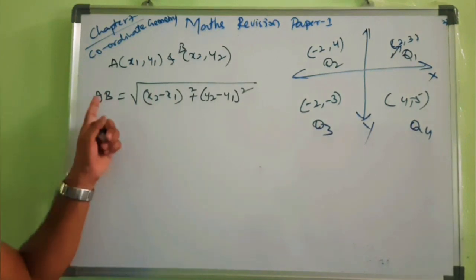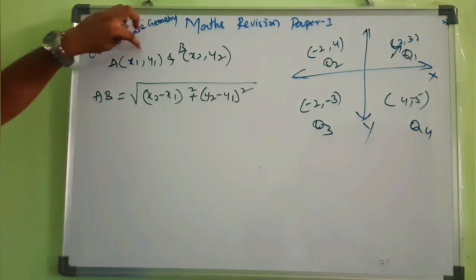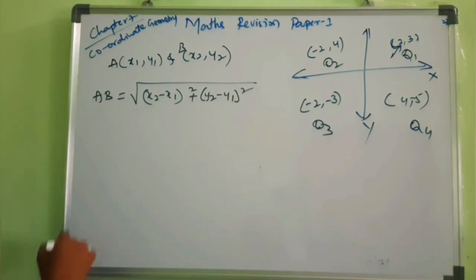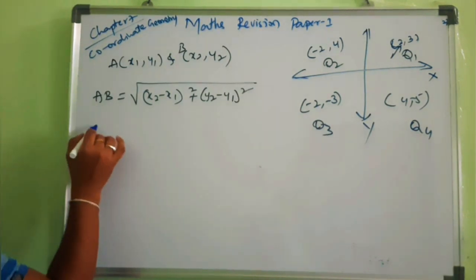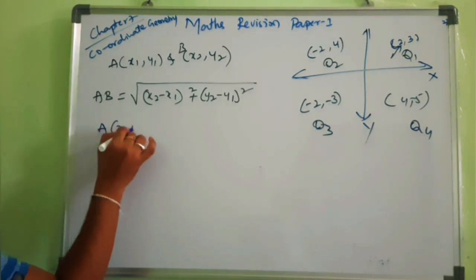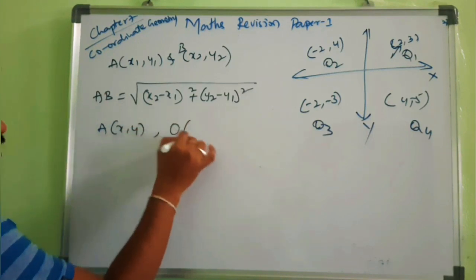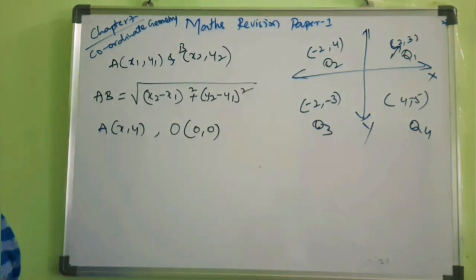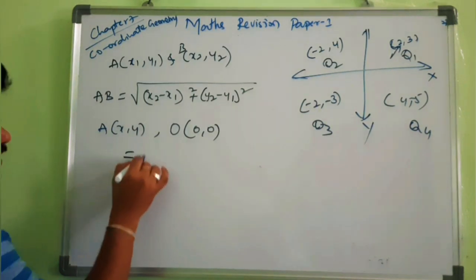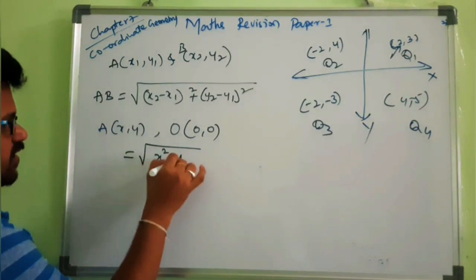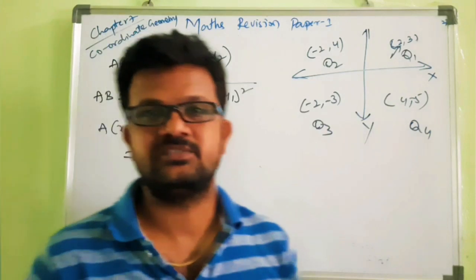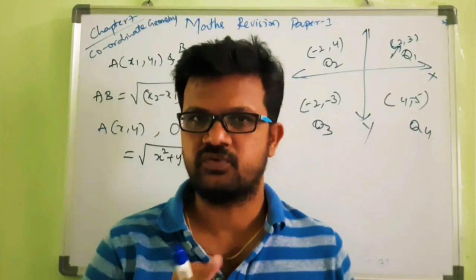And the distance between A (x, y) and the origin (0, 0) is square root of x square plus y square. Distance between 2 points is very important. They may ask for 1 mark.